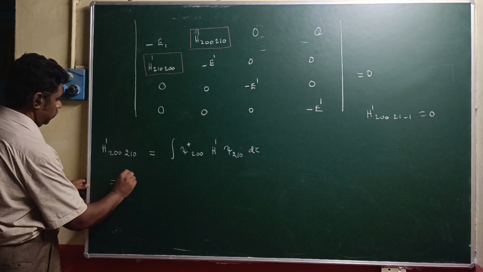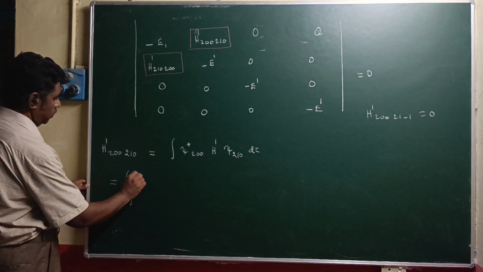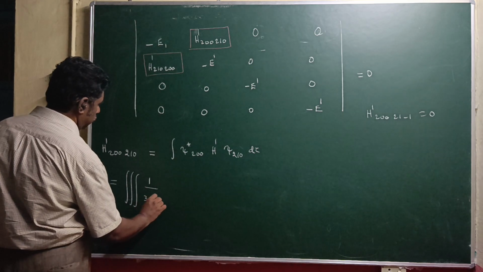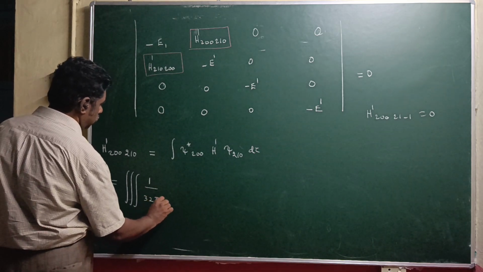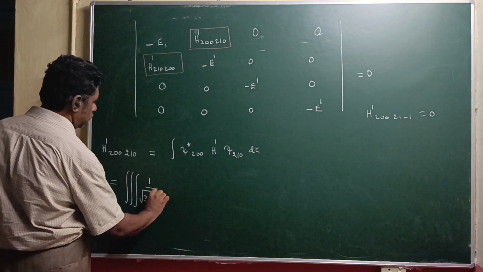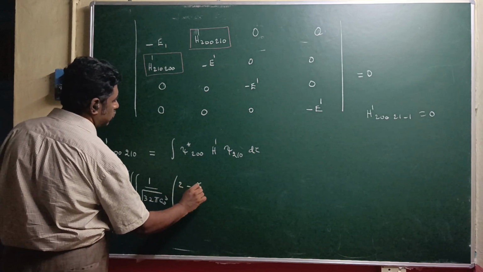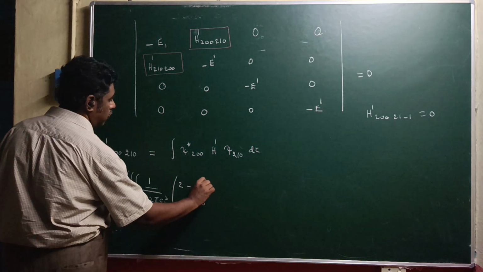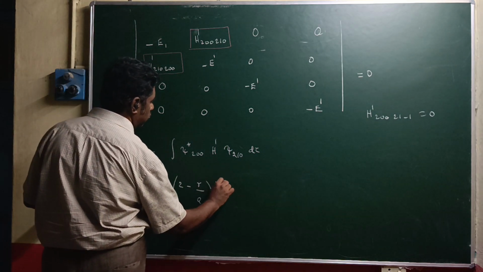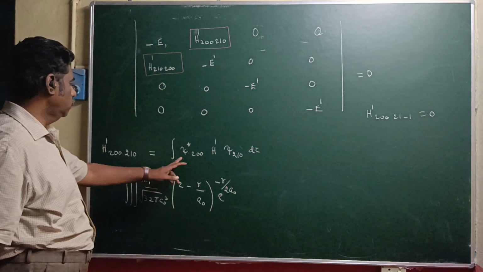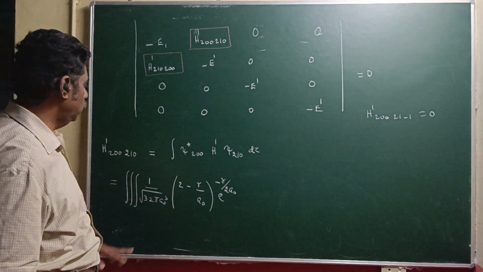This is equal to the triple integral of 1 divided by root of 32 pi a0 cube, (2 minus r by a0) e power minus r divided by 2a0. This is the value of psi star 200.